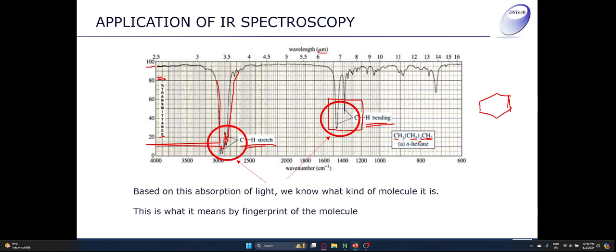In fact, this is a very good method of checking what molecule it is. The thing about IR spectroscopy is that it's very good at determining what sort of molecule it is.